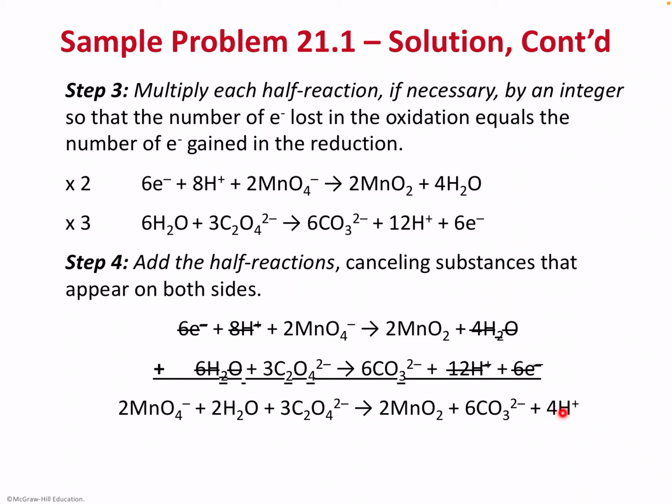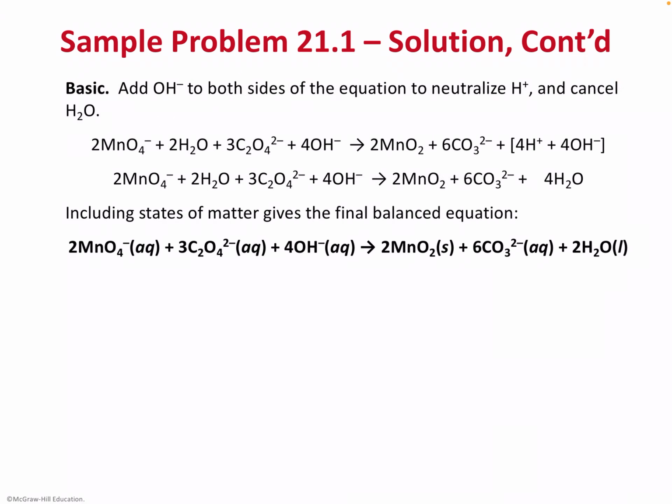So you add 4 hydroxide here, and you're going to be adding 4 hydroxide to this side also. Originally you had 4 H plus, so you add 4 hydroxide, and you add the same 4 hydroxide to this side. And then 4 H plus and 4 OH minus makes 4 water molecules.